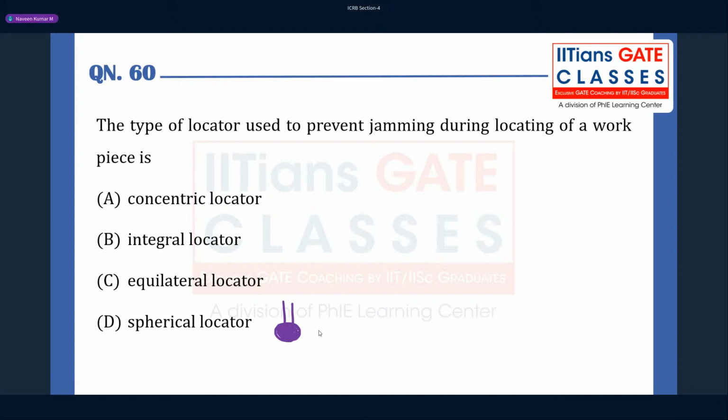So for this spherical locator, there's a big advantage, because the contact between the spherical locator and the object is a point only.